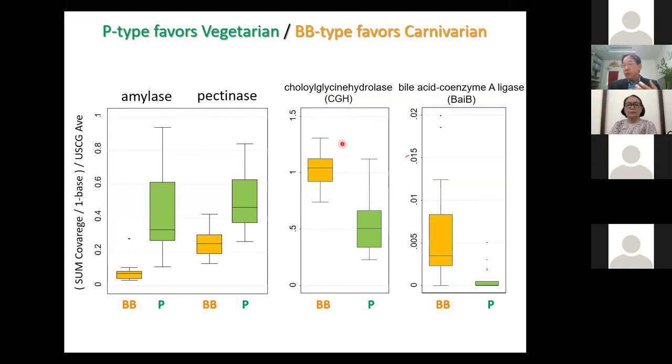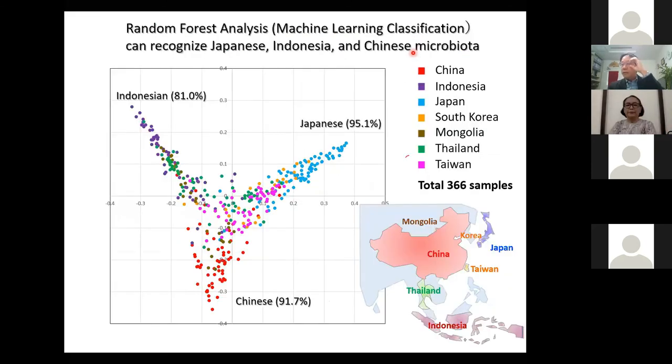So we can simply understand that the BB type favors a meat-eating diet, and the P type favors a vegetarian diet.